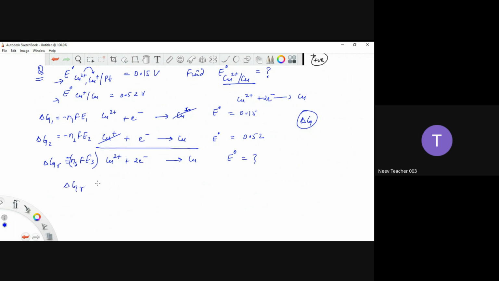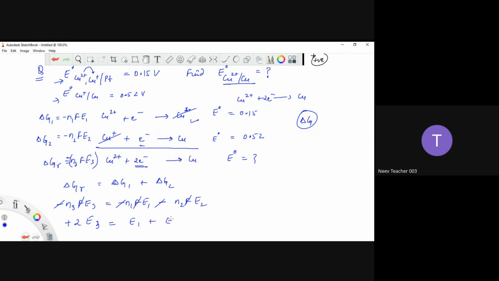So del G of the reaction will be del G1 plus del G2, right? So there will be minus n3FE3 equals minus n1FE1 and minus n2FE2. From this, Faraday cancels out. n3, the number of electrons involved, is 2, so 2E3, and you can cancel the negative as well, so it becomes positive: 2E3 equals n1E1, where the number of electrons is 1, plus n2E2, again 1.